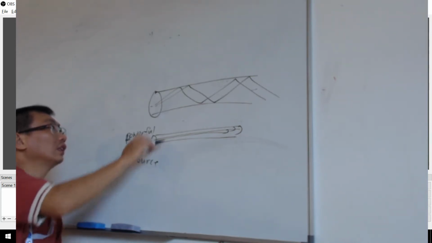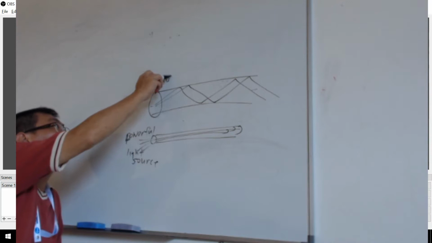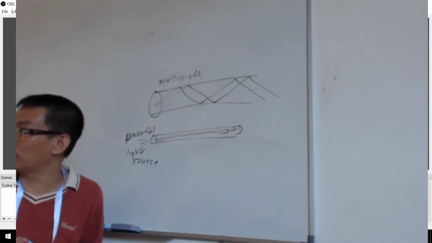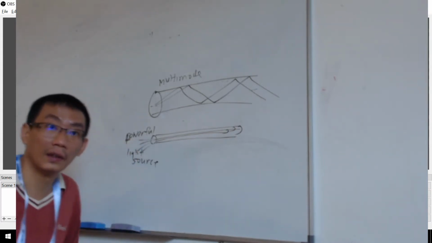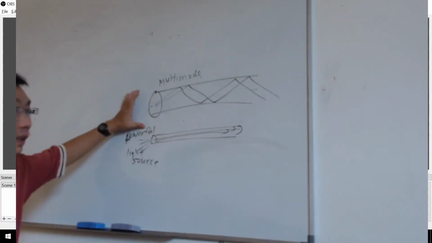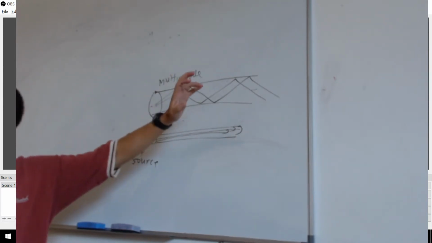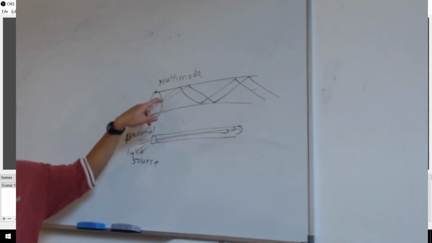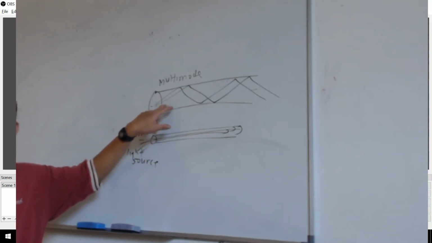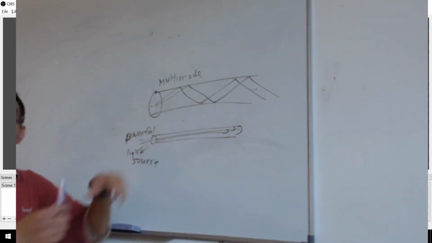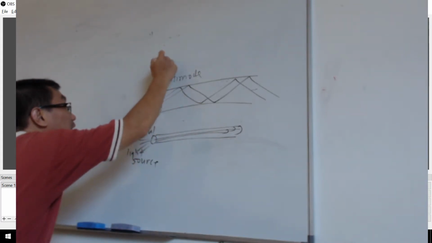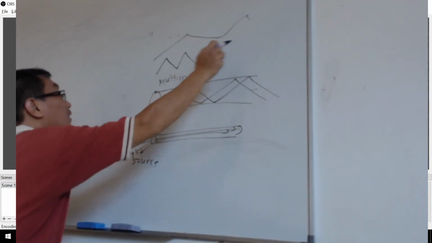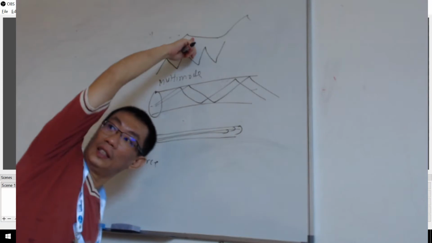For multimode, the light source will not be as powerful as the single mode light source, because whenever you put in the light, the hole is very big, so a lot of light can go through. Since this one travels in a straight line and this one like this, the distance for this one will be shorter, because after some time you can see the signal travels longer than this one, isn't it?